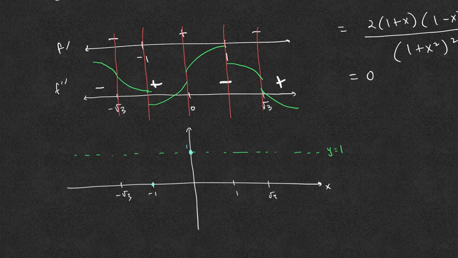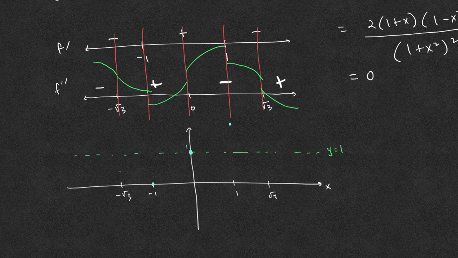y equals 2. Similarly, we should evaluate f of negative root 3 and f of root 3 because these are the inflection points where f double prime changes signs. If we plug in negative root 3 into the function f, we will get roughly 0.13.